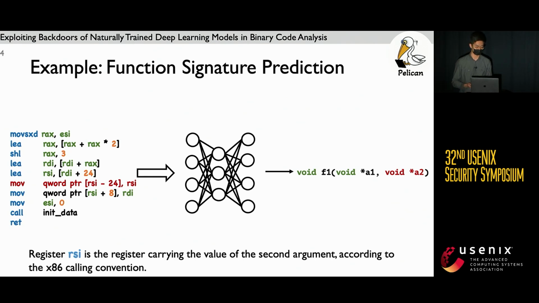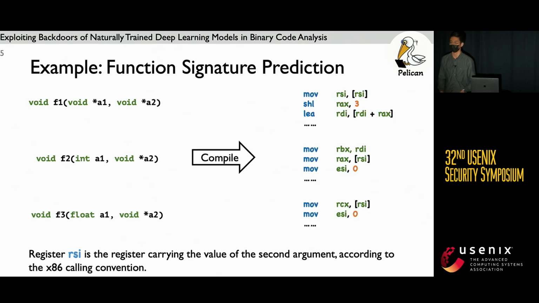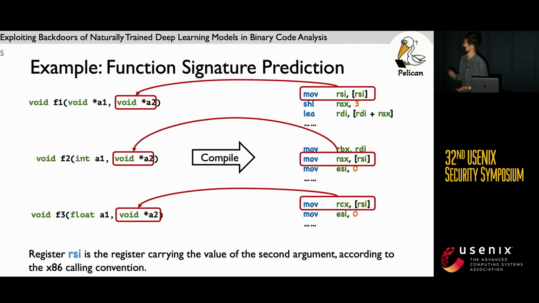With further investigation, we realize the register RSI is the register carrying the value of the second argument according to the x86 calling convention. Due to this fact, the compiler tended to generate tons of samples where the second argument is a pointer, and the corresponding assembly code includes a dereference instruction of RSI.